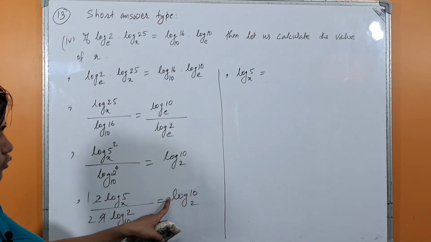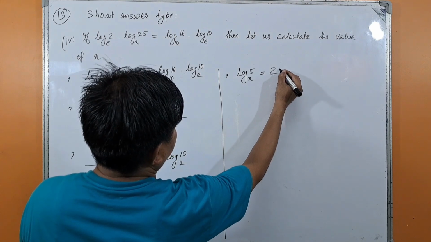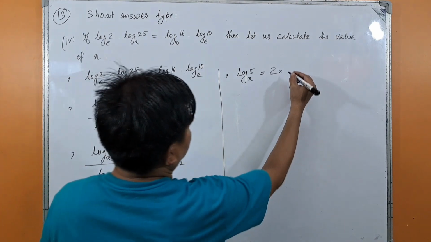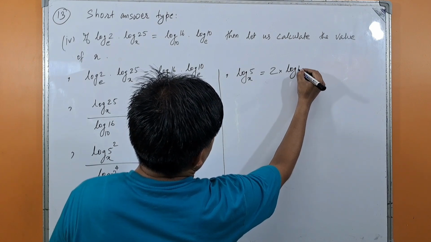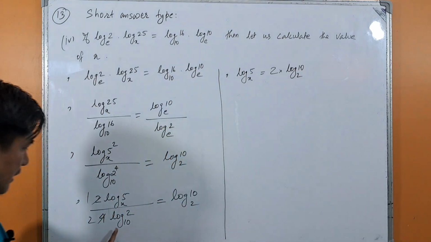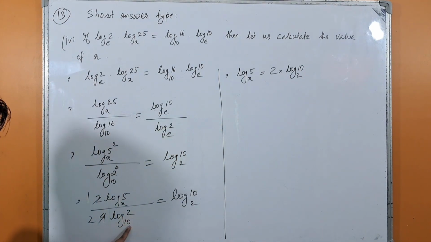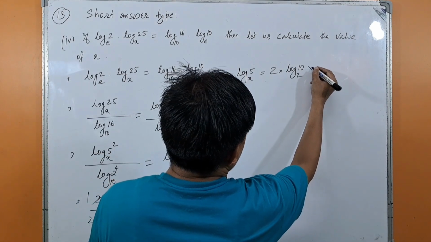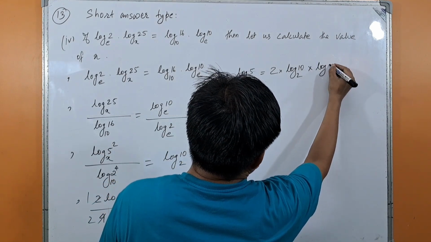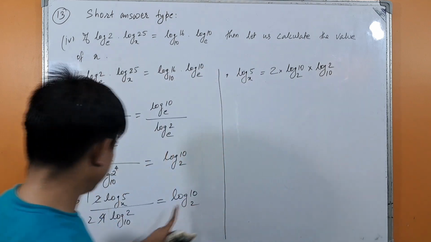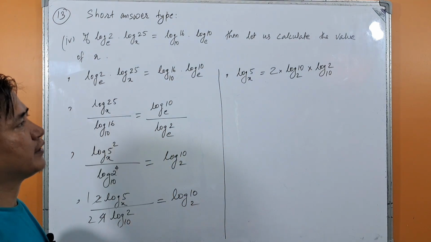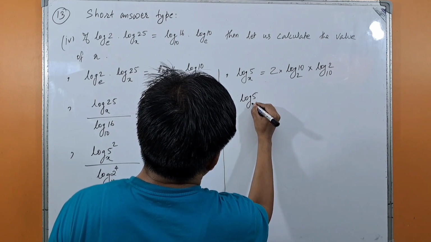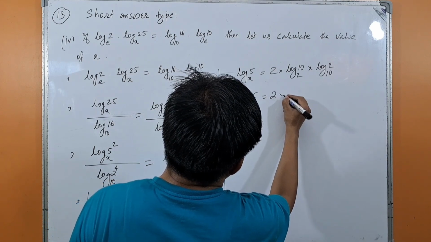So this 2 comes here, 2 into log 10 to the base 2, and this number log 2 to the base 10 will also go to the right hand side into log 2 to the base 10. Log 2 to the base 10 goes to the right hand side, or log 5 to the base x equal to 2 into, this is 1.